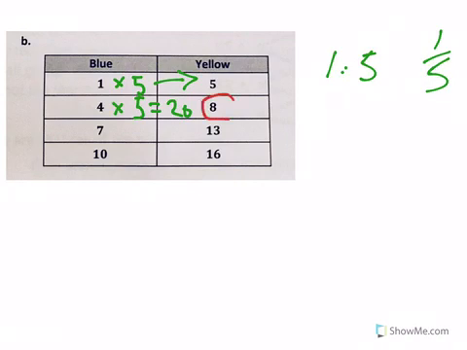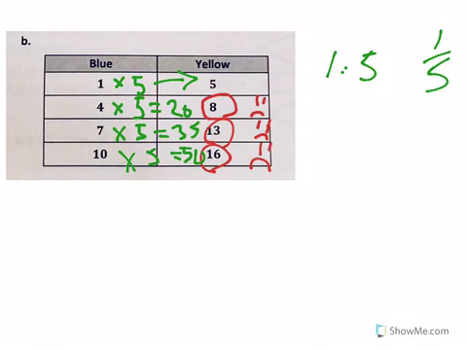So I'm going to mark this right now as a possible mistake, very likely a mistake. 7 times 5. Ooh, should be 35. They have 13. That's a mistake. And then 10 times 5. 10 times 5 should be 50. So we have another mistake here.